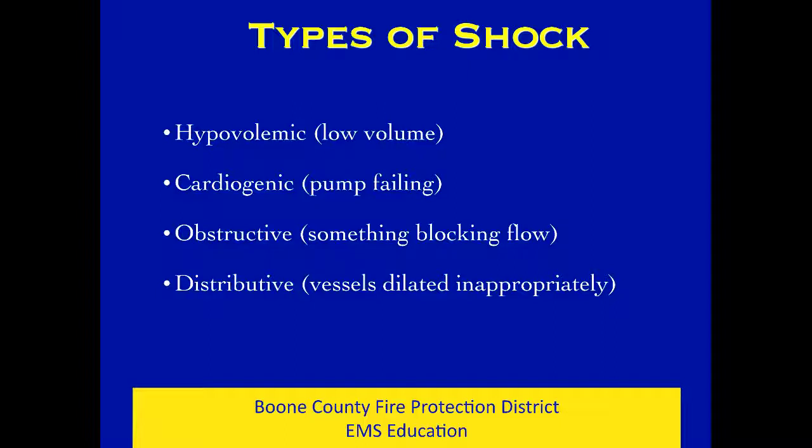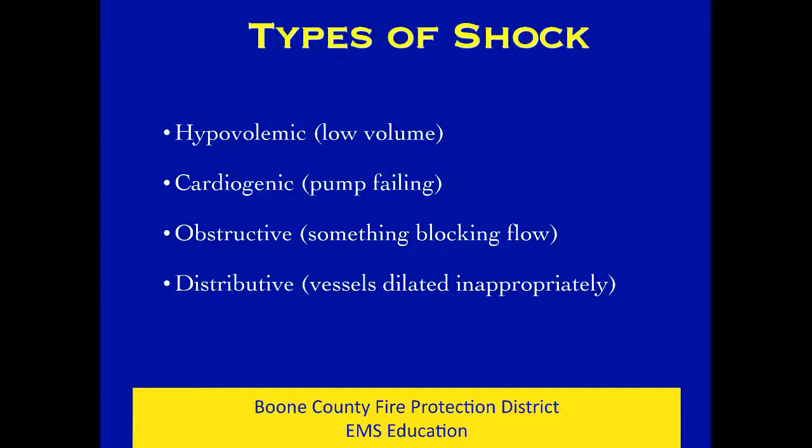Maybe there's something called a tension pneumothorax, where there's air in the chest cavity but outside the lung, a huge air bubble that's pushing on the vena cava, keeping blood from coming back to the heart. Maybe there's an obstruction somewhere in the system. That's obstructive shock.